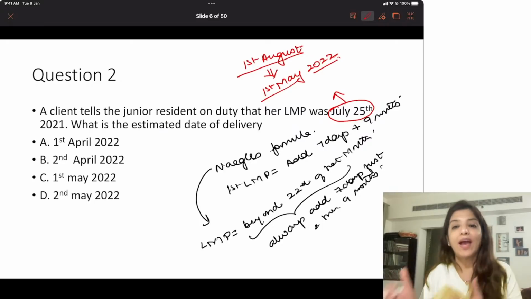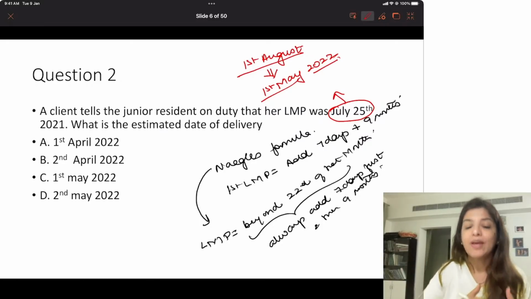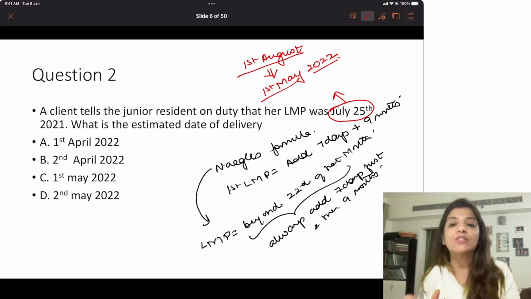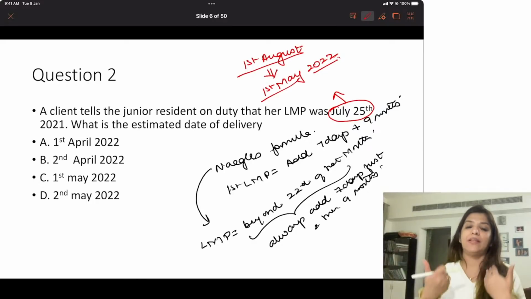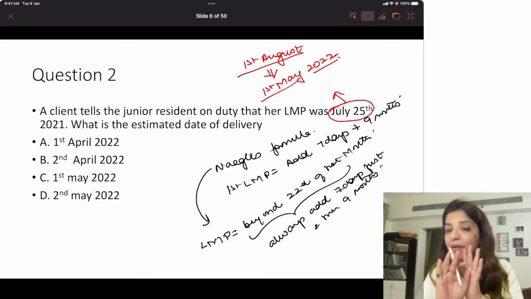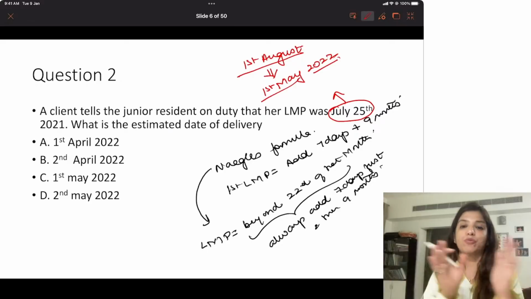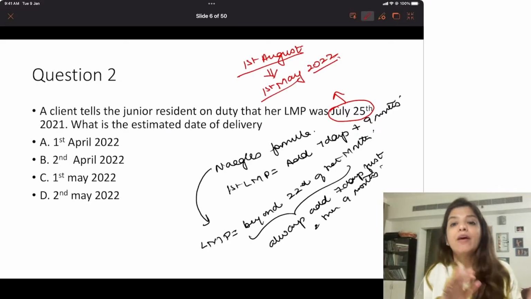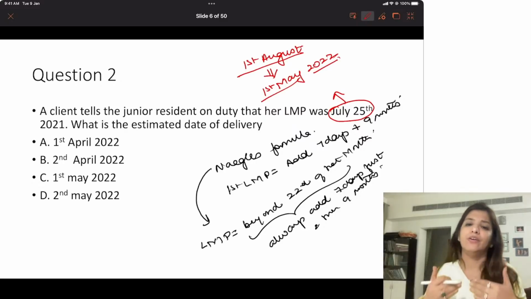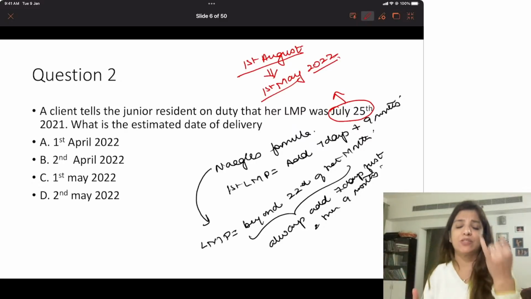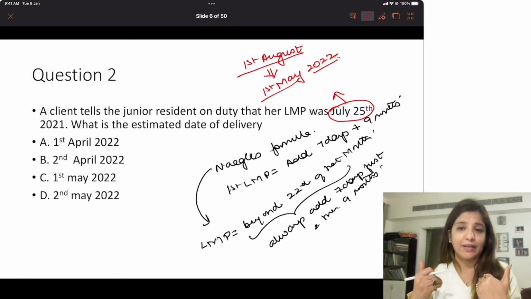Yes, you can minus 3 months also. But then I always find that you people tend to make more mistakes when you have to count backwards rather than count forwards. So I am not saying that if you subtract 3 months, that's wrong. But it's always easier to go anti-grade rather than retrograde. Even I in my OPD when I'm sitting, I count it like this rather than going 3 months back.